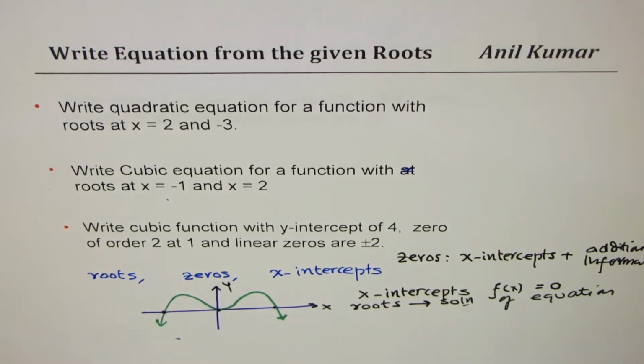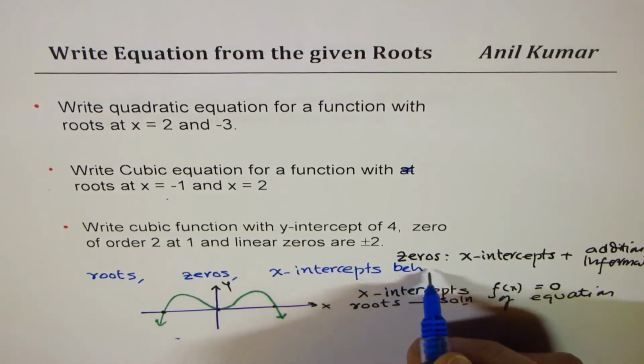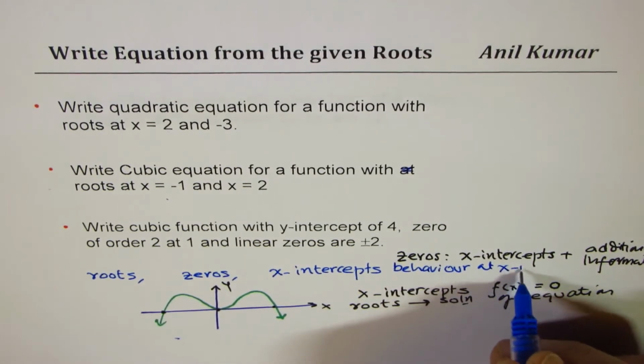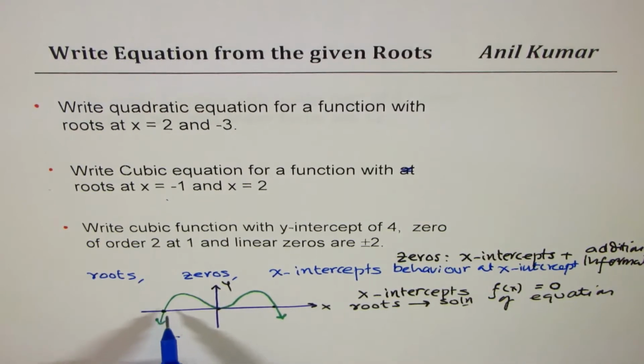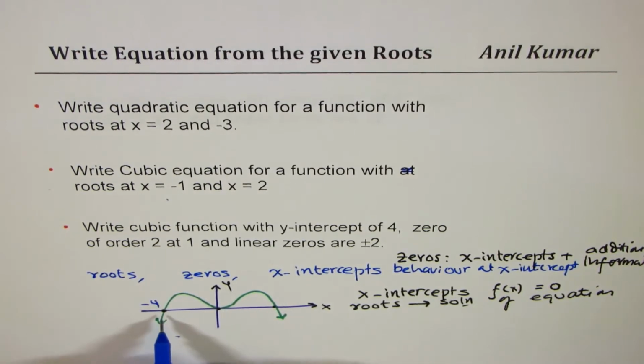It is the behavior of the graph or the function at the x-intercept. You will see that in this particular case, let's say this point is at minus 4, for example. So at minus 4, we'll say it goes straight.